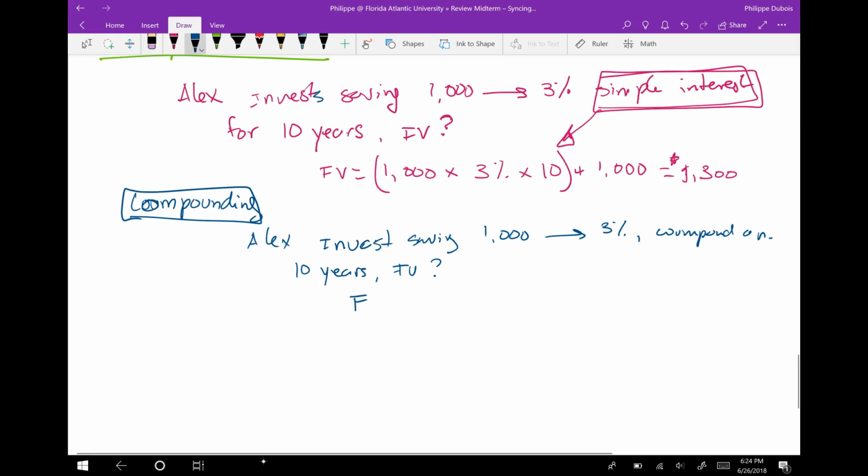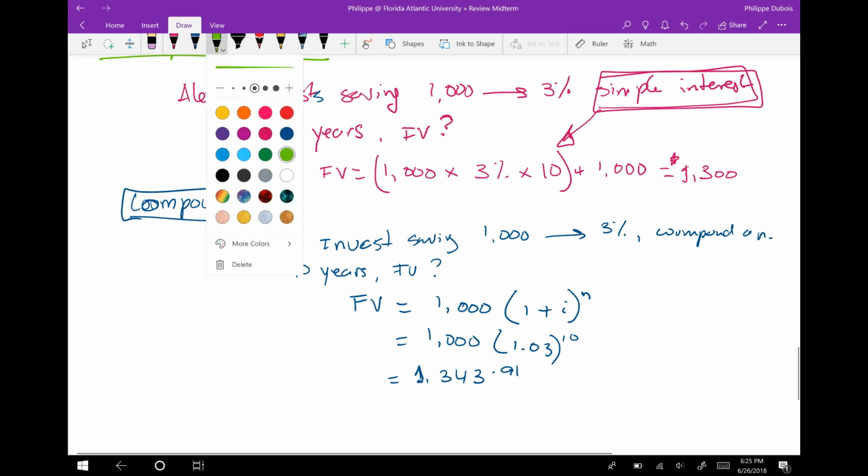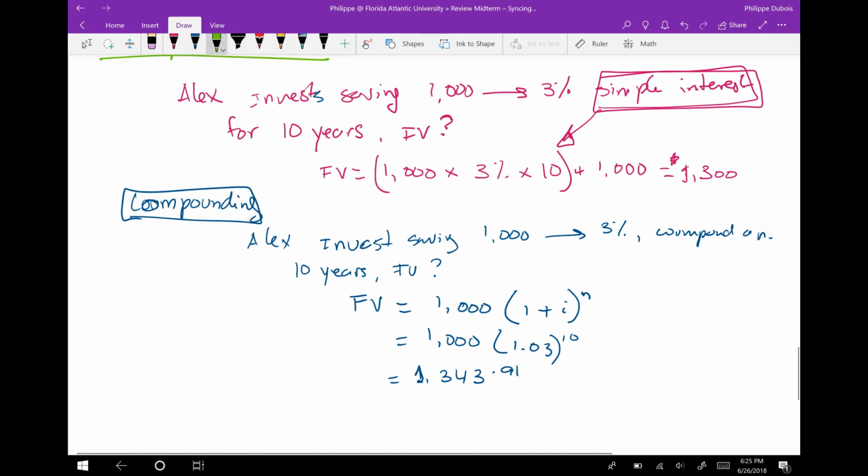After 10 years, his future value is 1,000 times 1 plus your interest to the n power. So it would be 1,000 times 1.03 to the 10th power, which is $1,343.91.